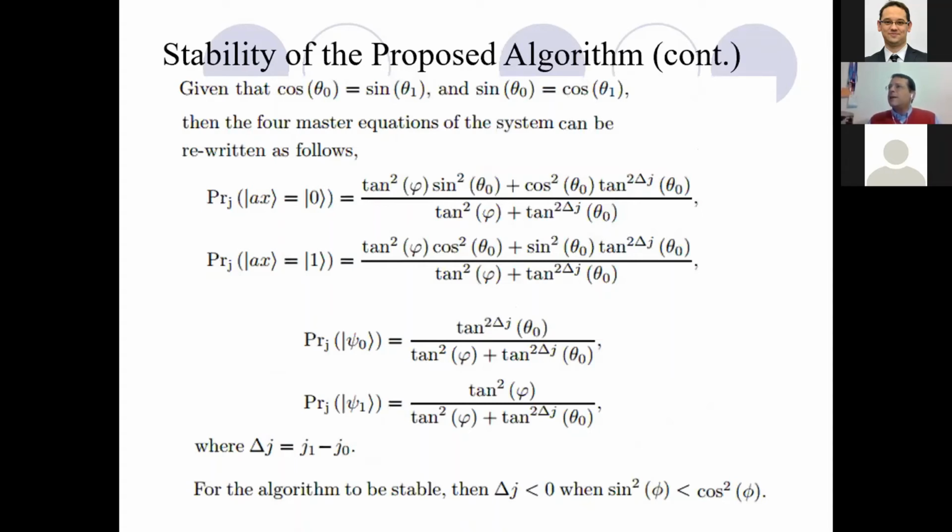So this stability of the algorithm shows that if you go for delta J steps in the wrong direction, where delta J is the difference between the counts, not the number of random walks, I will assume that the system went in the wrong direction.